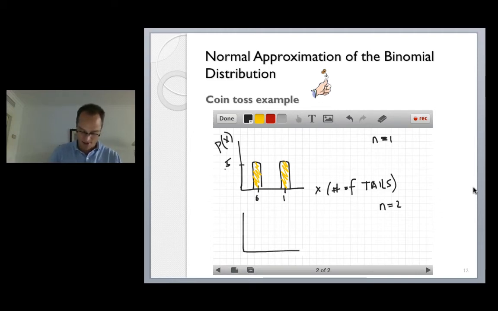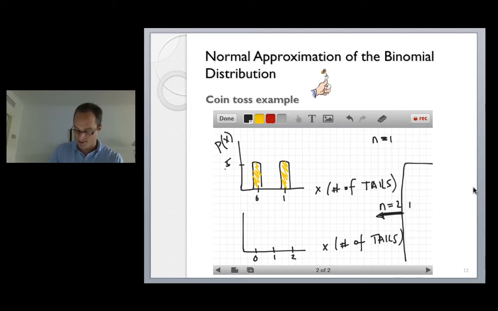That's the basics of a probability distribution, and the number of possibilities increases with the number of flips. Same axis here, probability of x. But if I flip the coin 2 times, it's possible I get 0 tails. It's possible I get 1, and it's also possible I get 2.